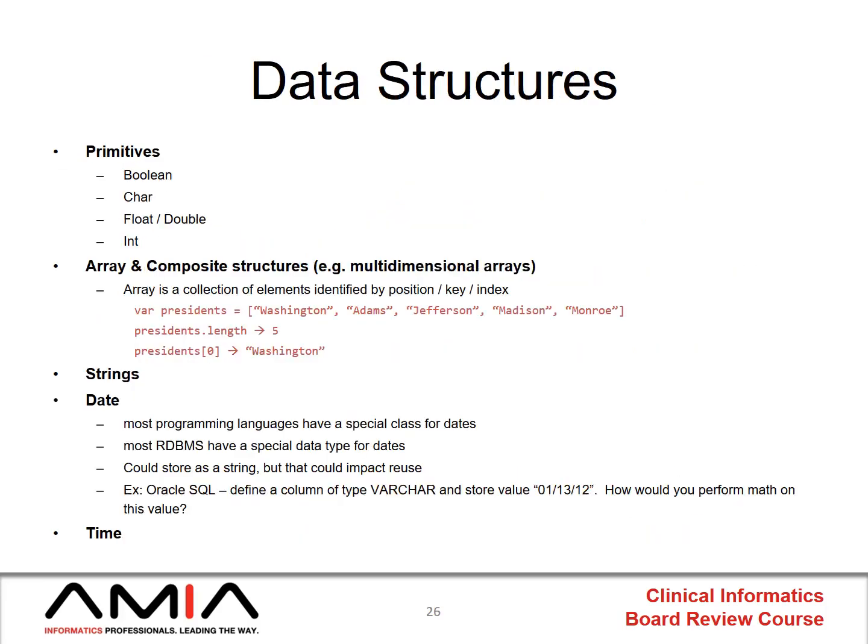Now, we can organize these data into different types of data structures, and the simplest kinds are what are called primitive types. Boolean values of true or false, 1 or 0, yes or no, are a very primitive data structure, often called a Boolean variable. We've talked about character strings, often called chars.